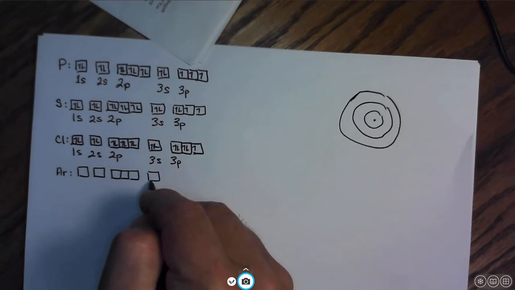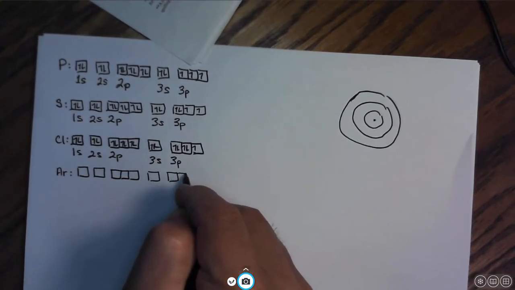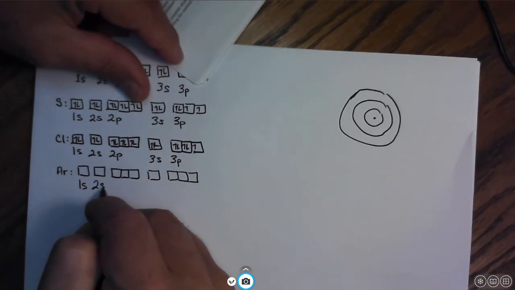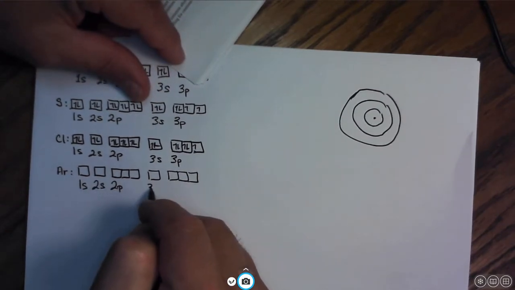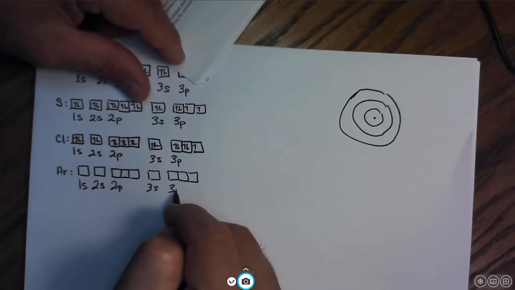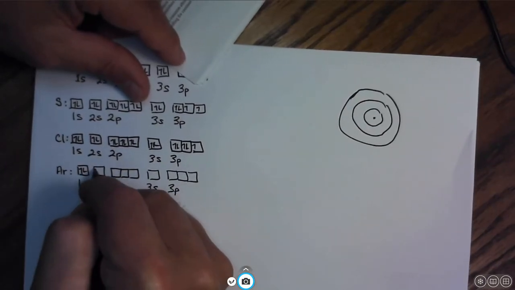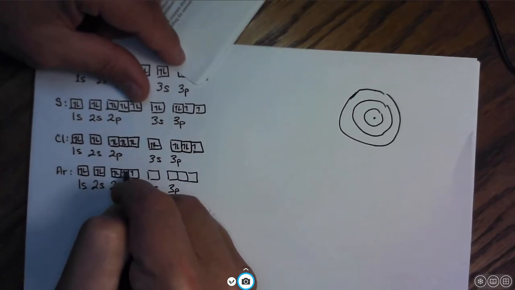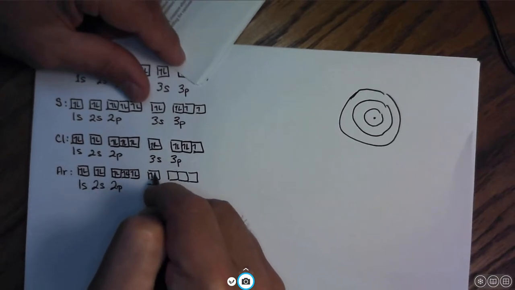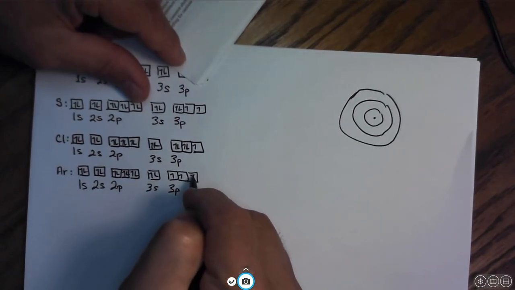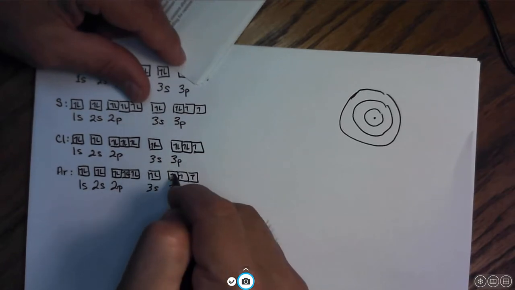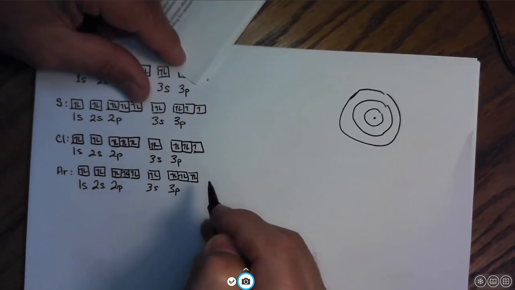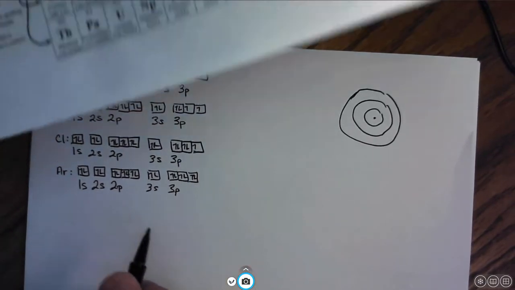We're just building on it. We need one more electron beyond what we have for chlorine, and there it is, and that's argon right there.